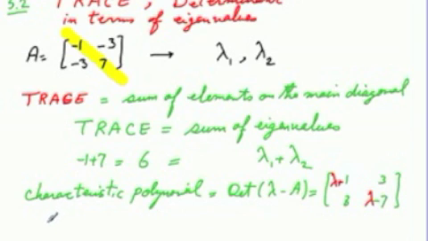So that determinant is just lambda plus 1 times lambda minus 7, then minus 3 times, this is also 3.